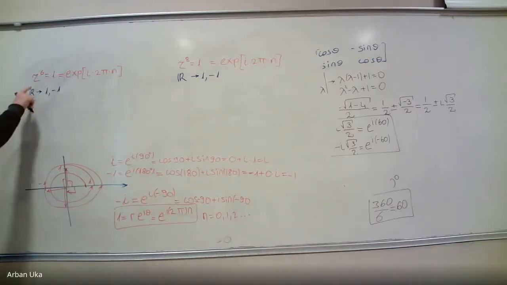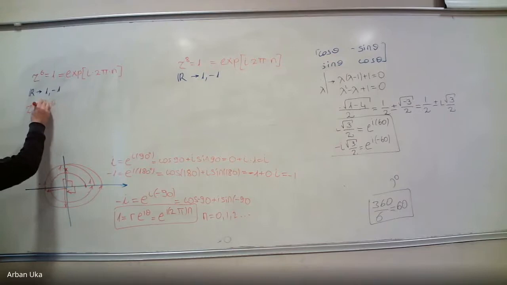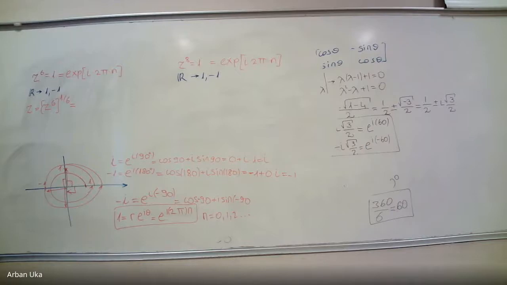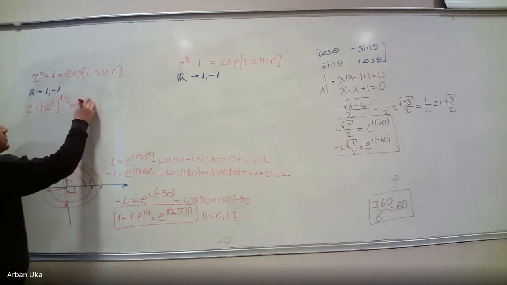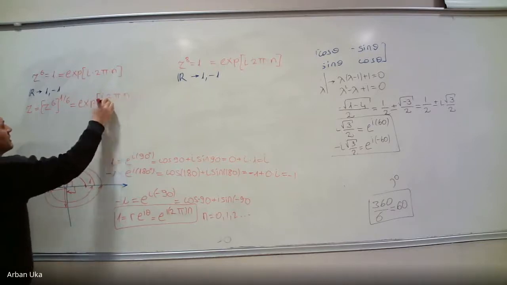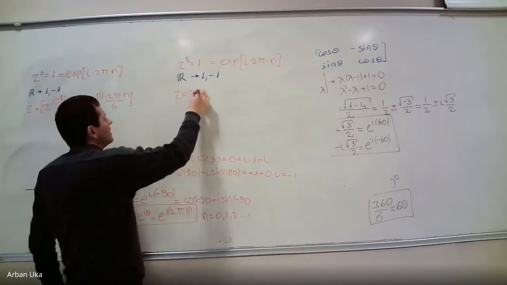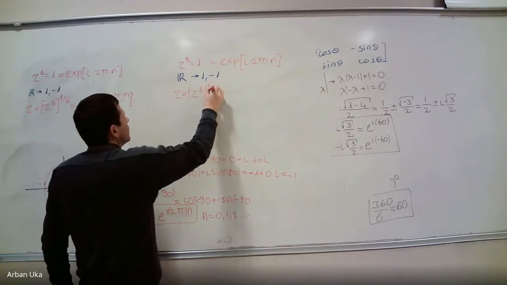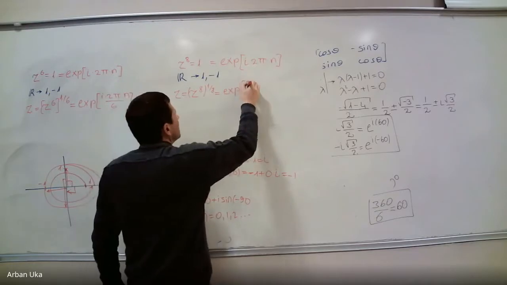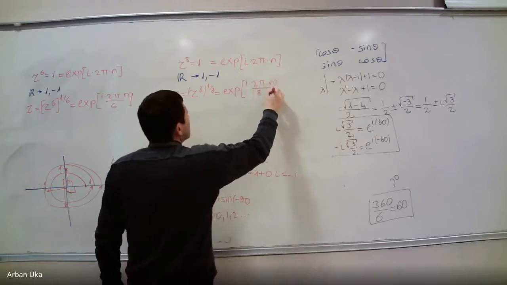If this is z to the power 6, we say that z is equal to the power 6 all to the power 1 over 6, so there is nothing wrong here. This would be the exponential of i times 2 pi times n divided by 6. Similarly, z is equal to z to the power 8, all to the power 1 over 8, times the exponential of i times 2 pi times n divided by 8.